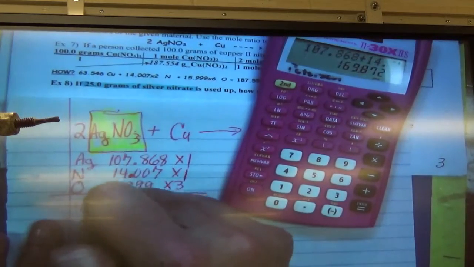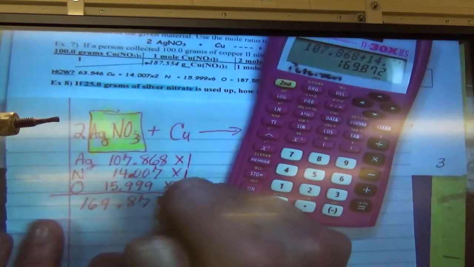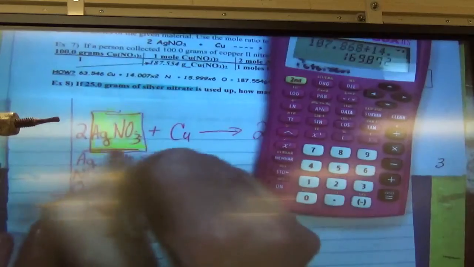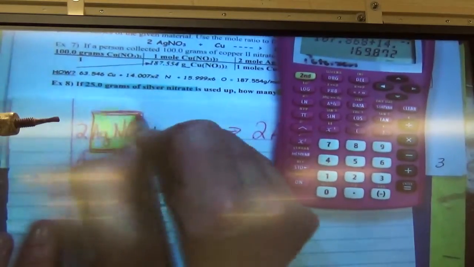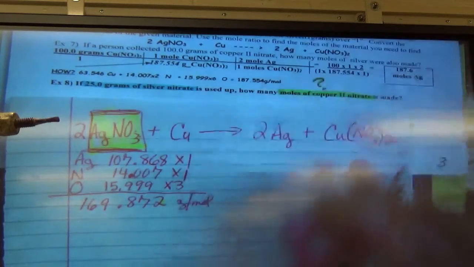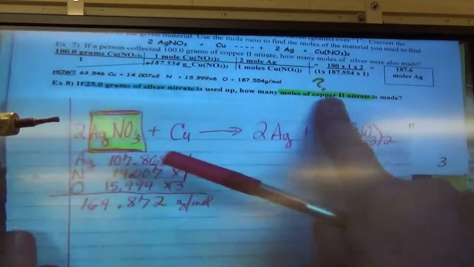You get 169.872, and that's the grams per mole of our silver nitrate formula. Good? You see where the numbers come from? And how to add it up and how to multiply certain things but not other things, right? Okay. Now, let's go ahead and record number 8, how to do it.